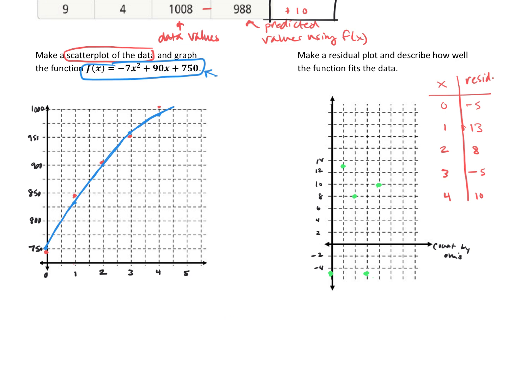So here's how we would conclude this whole thing. Almost done. The residual plot, that's this right here, shows both positive and negative residuals, which indicates a generally good model.